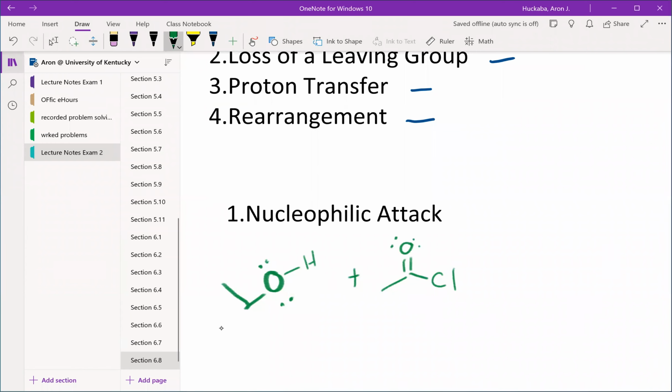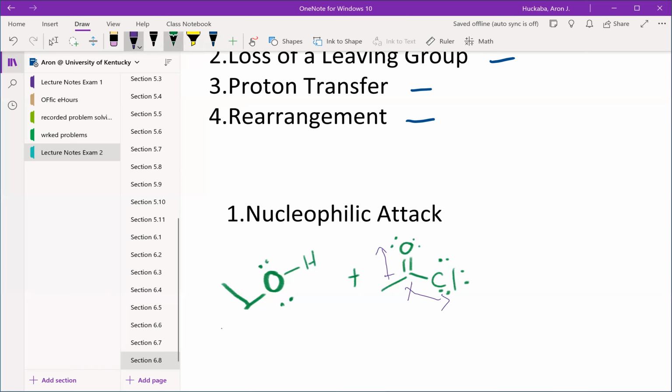Acid chloride groups are not something we've seen before, but what you need to know is that primarily there are two types of dipole interactions here. One from the carbon towards the chloride, because the chloride is more electronegative and is pulling electron density away from the carbon, and one from the carbon up to the oxygen, because the oxygen is also more electronegative and is pulling electron density away from the carbon.